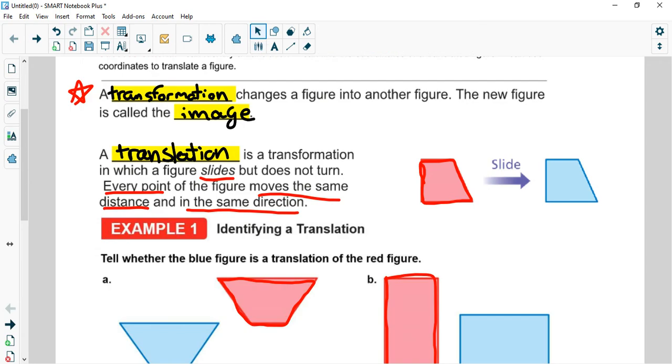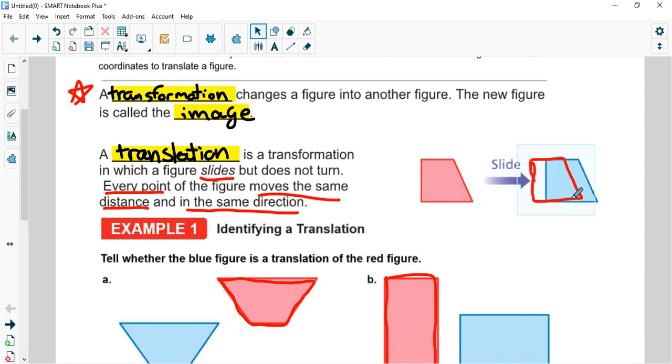Over here on the right, we have a red and a blue figure. If I take the red figure and move it over, you'll see that the outline fits on top of the new one.